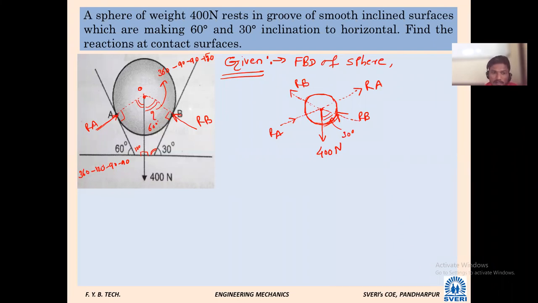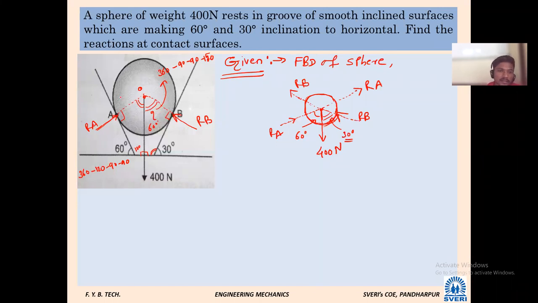Listen carefully. If a certain surface is making a certain angle with the horizontal, then the reaction at that surface will make the same angle with the vertical. Is it the case in our case? Here we got 30 degrees. Then how much have we got here? 60.